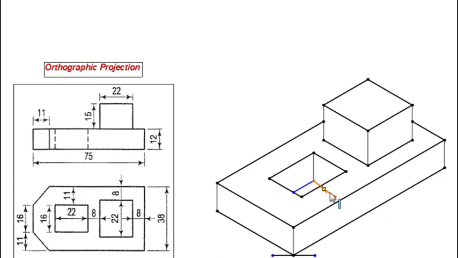This line and this line should be parallel. Now removing the unnecessary portion. This is the unnecessary portion. This is your object. Now from the top view, you can observe the chamfers on each corners.